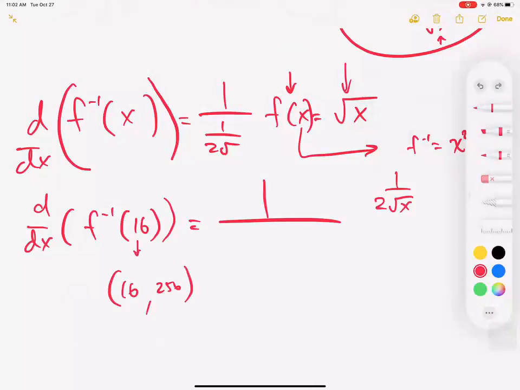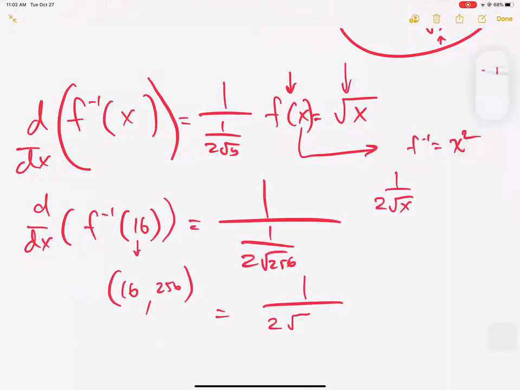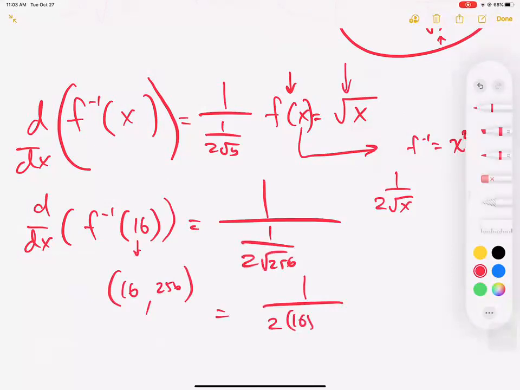So the problem is 1 over 2 square root of 256. Square root of 256 takes us back to 16. 1 over 2 times 16, which is 32.